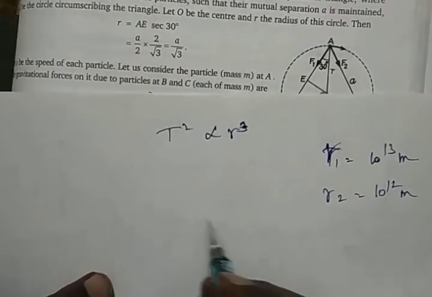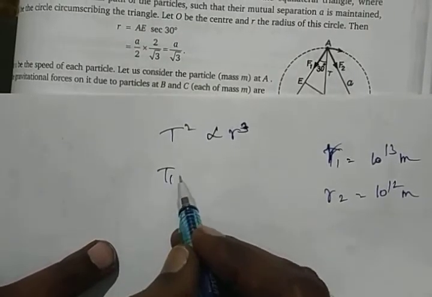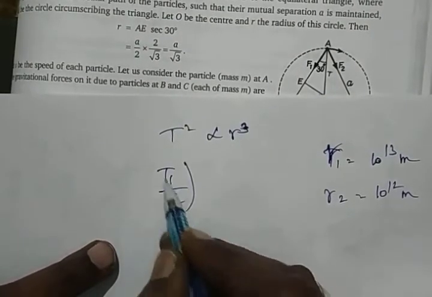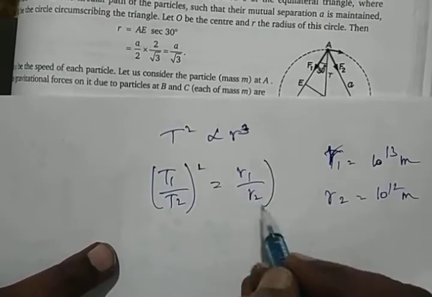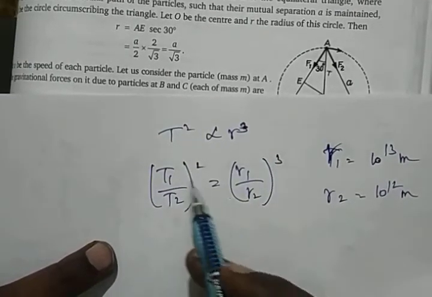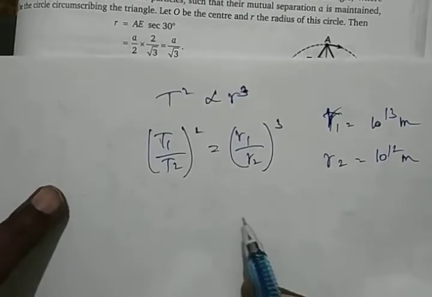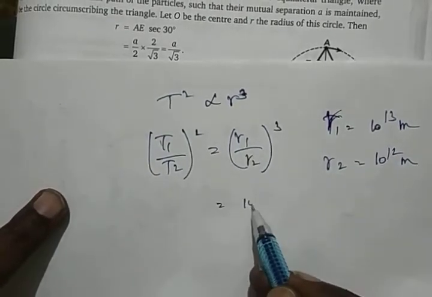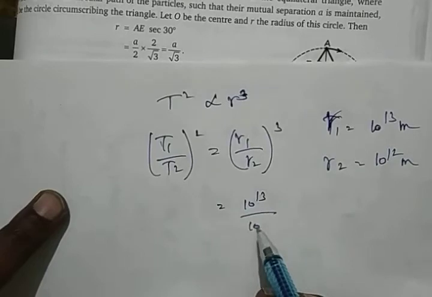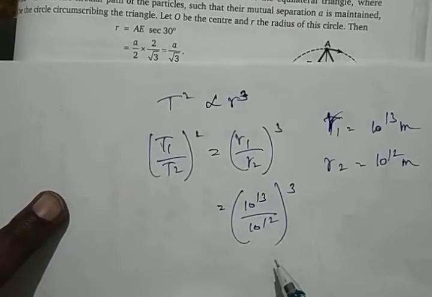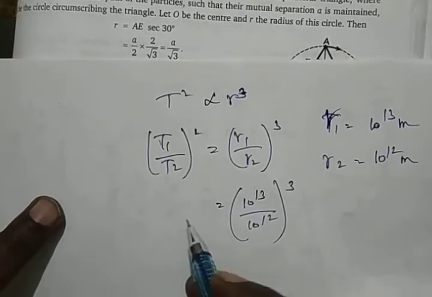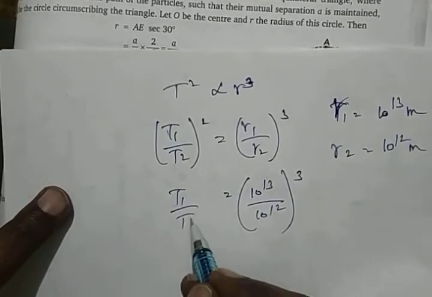So, how do you find out? T1 upon T2, the whole square, is going to be equal to R1 upon R2, the whole cube. If I try to find out for both of them, it is 10 to the power of 13 upon 10 to the power of 12, the whole cube, equal to (T1 by T2) square.